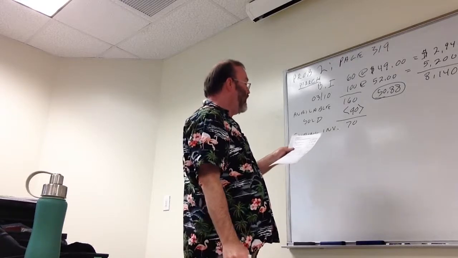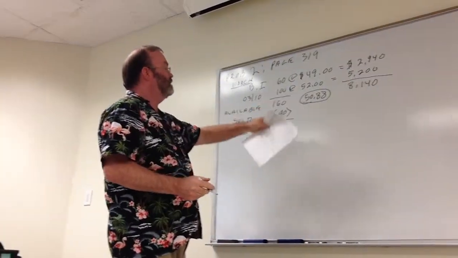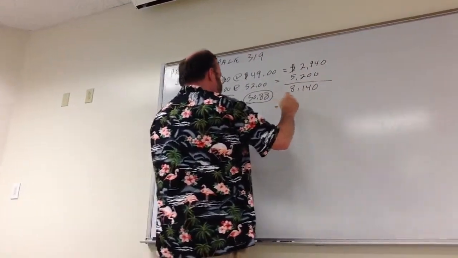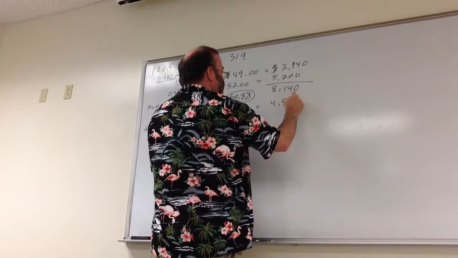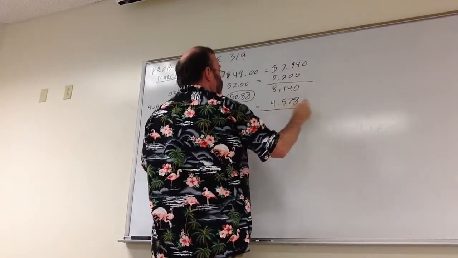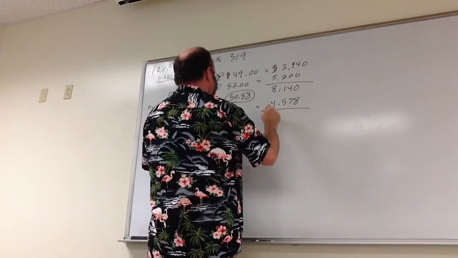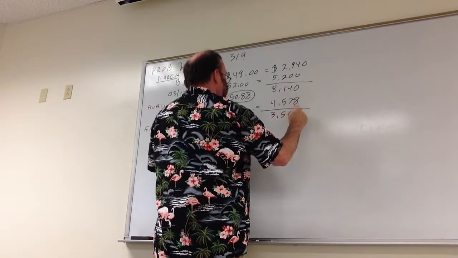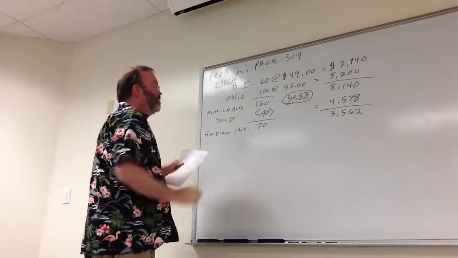So if we multiply the 90 units times the $50.88, we will get 4,578. Subtract that from the 8,140, and we get 3,562 as ending inventory.